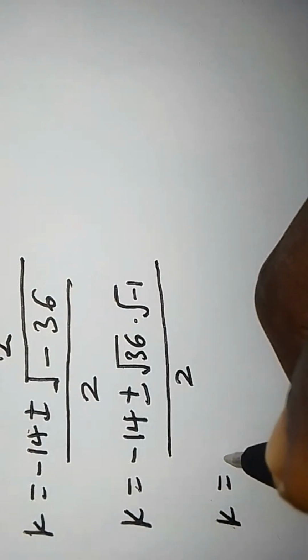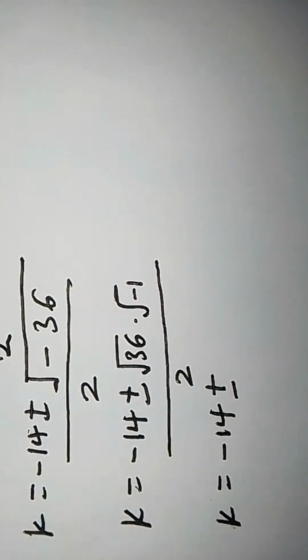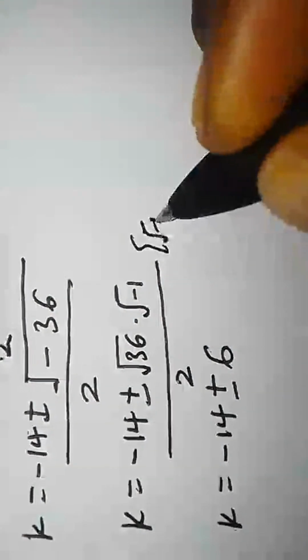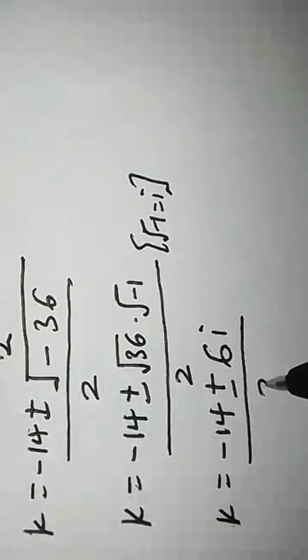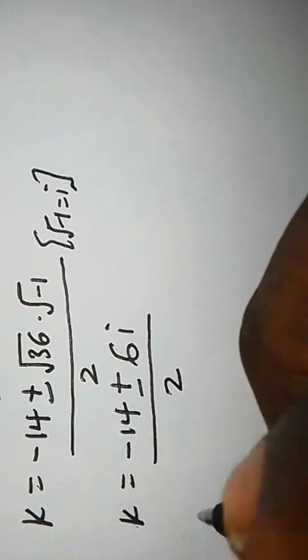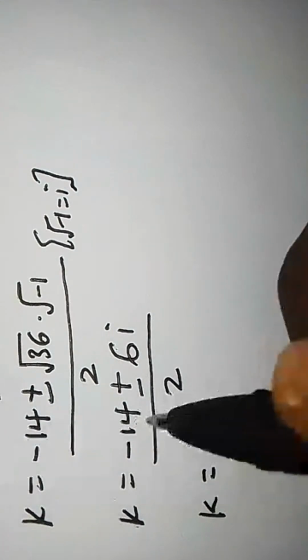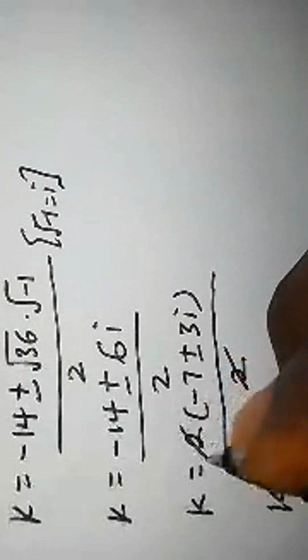k is now equal to minus 14 plus or minus. What is the square root of 36? That is 6. But don't forget, the square root of negative 1 from the complex numbers is equal to i. So we have i here, all divided by 2. Let's proceed further. Clearly 2 cancels 2.